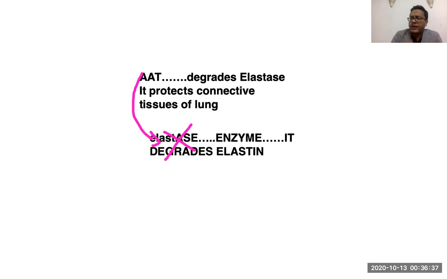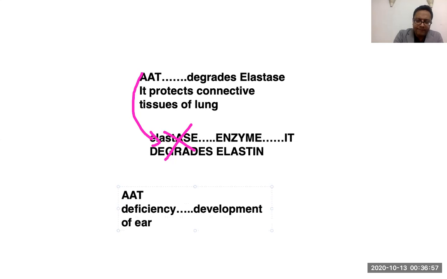But when there is AAT deficiency, that could lead to development of early emphysema, before 45 years of age.